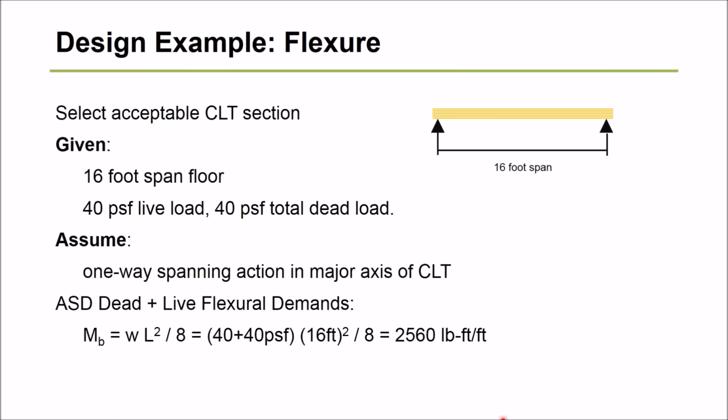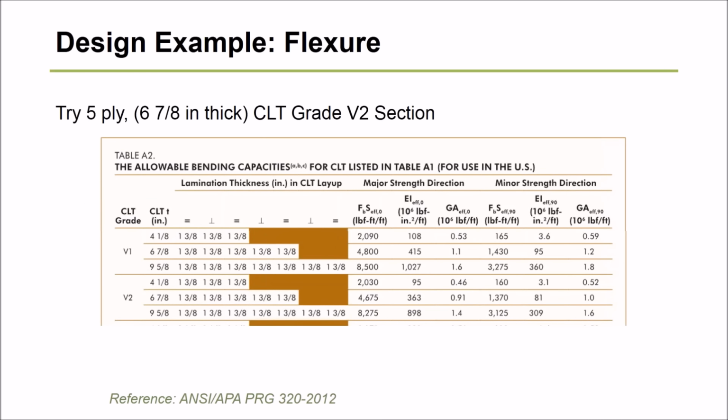Now, we take that and say, well, we need something that has that capacity in it. We're going to look at the standard grades and standard sections in the PRG 320 and say, well, this is a floor system. Let's start with a 5-ply. And let's look at V2 grade, for example, because say we're trying to use that grade as our locally sourced CLT.